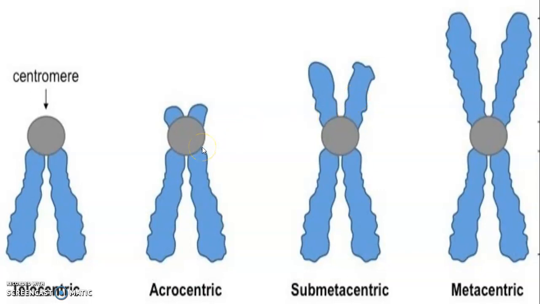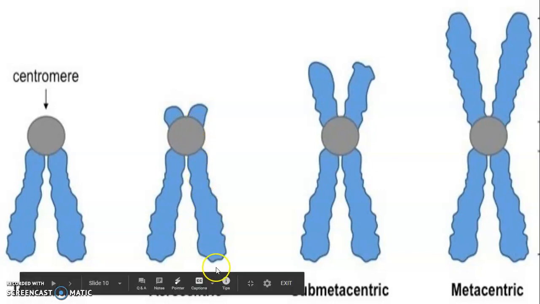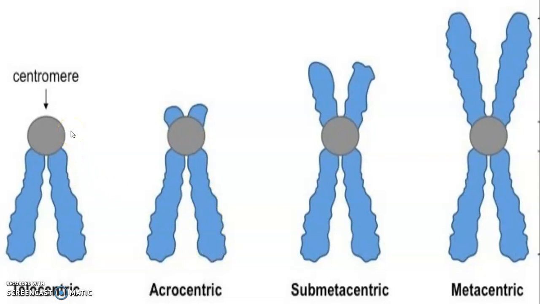The third one here, in the case of an acrocentric chromosome, the centromere is situated close to one end. What happens here, children? One arm is extremely short and the other one is very long. It is called acrocentric. Now the last one, in the case of telocentric, the centromere is in the terminal. It is at the end. Children, this diagram you have to learn for the exam.